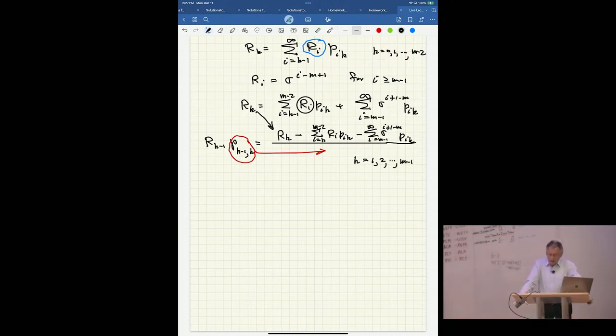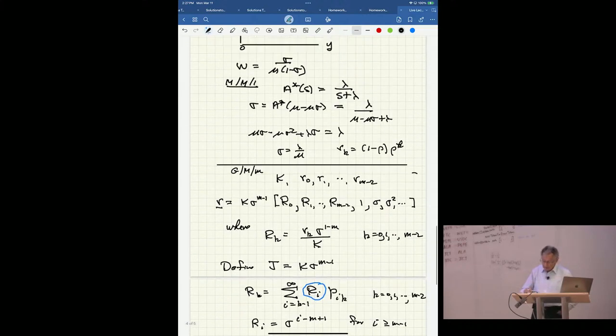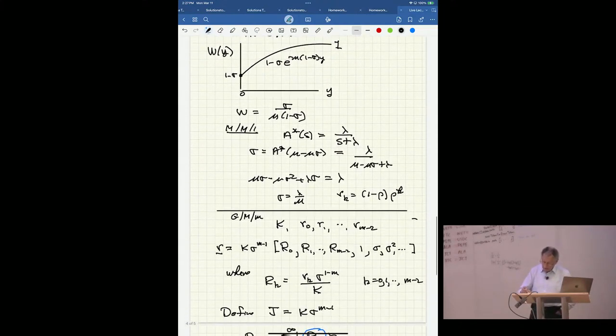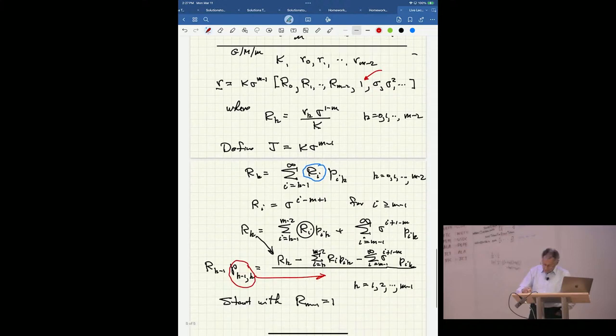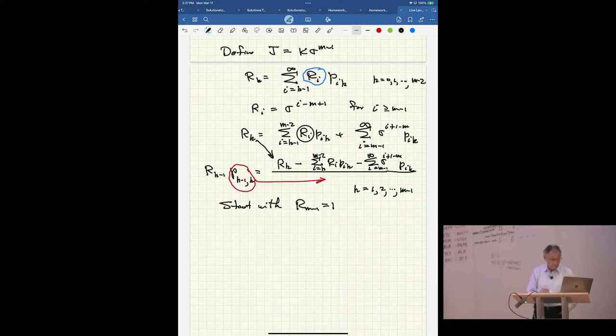Now you look at this set of equations. The r's are the unknowns. It's a triangular set. If I start with r sub m minus 1 equals 1, there's only one unknown. So let's start with r sub m minus 1, which we know is equal to 1. Remember, that's this term up here. Here it is, there's the 1. So I know that, and solve recursively.